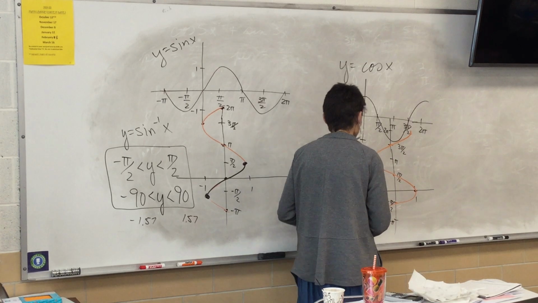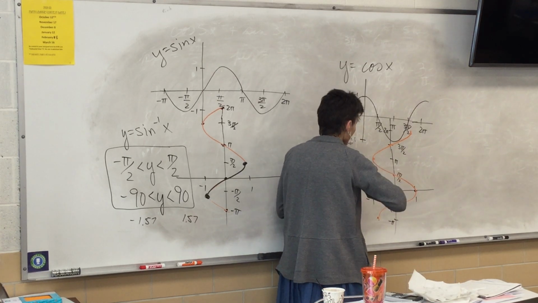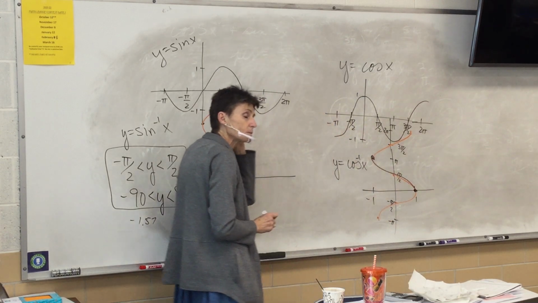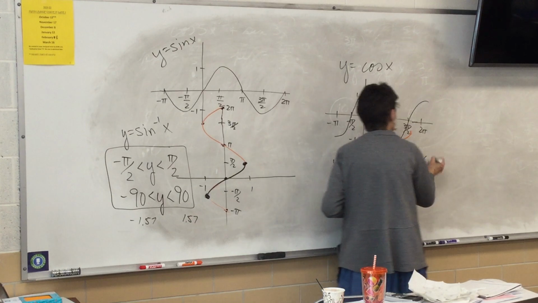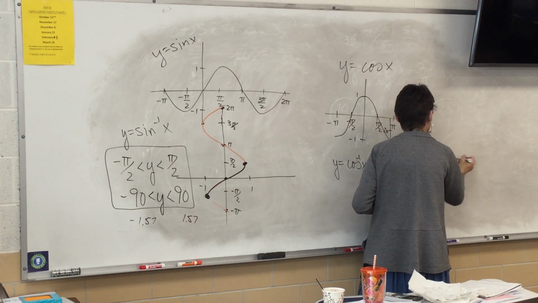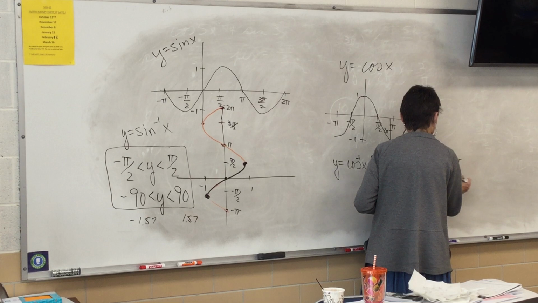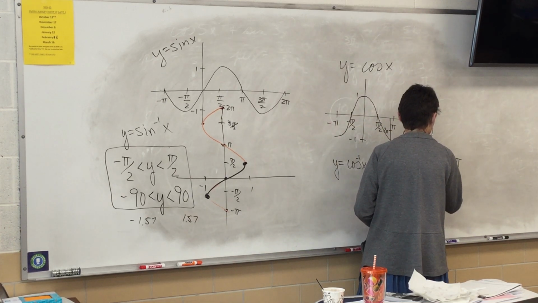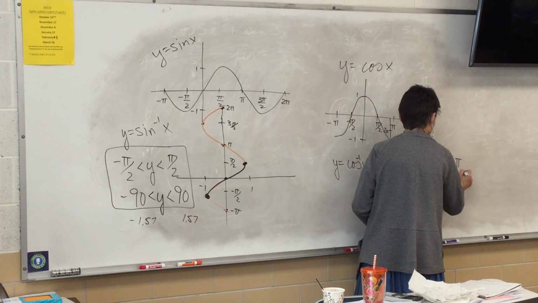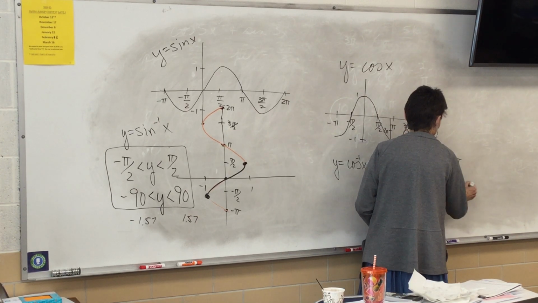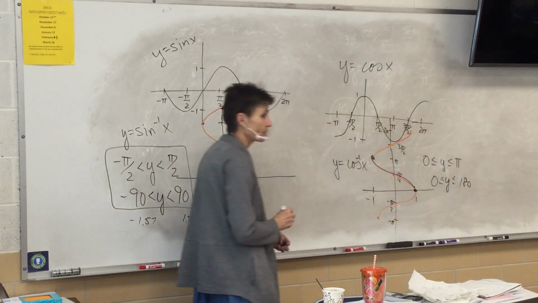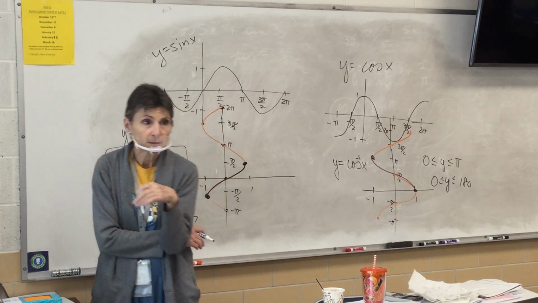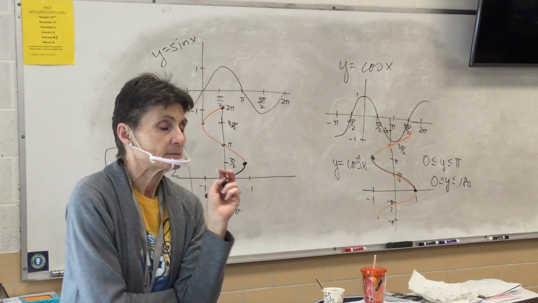The interval for the cosine, inverse cosine, is 0 to pi. So every time you inverse cosine on your calculator, the answer you get is going to be 0 to 180.